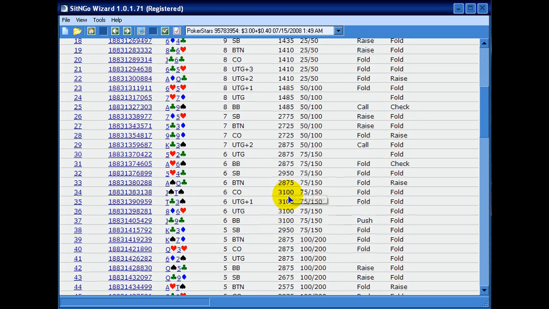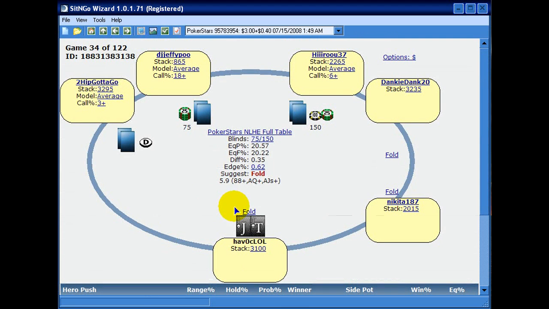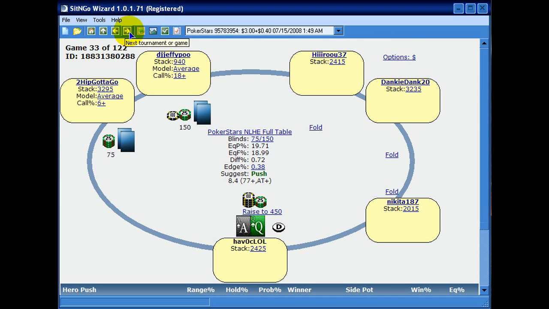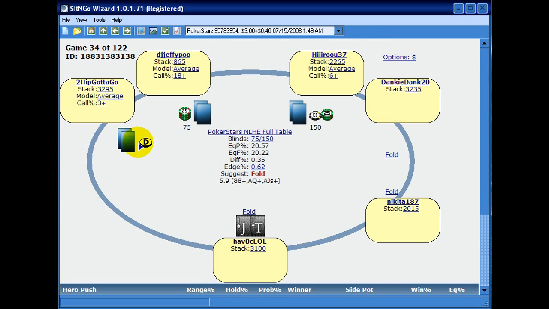And here we have Jack 10 suited. I think I mentioned that at the time I just raised the previous hand, and one of the players here is a decent big stack, so he'll call us far too often to make this a very profitable steal raise, so I just opted for a fold.